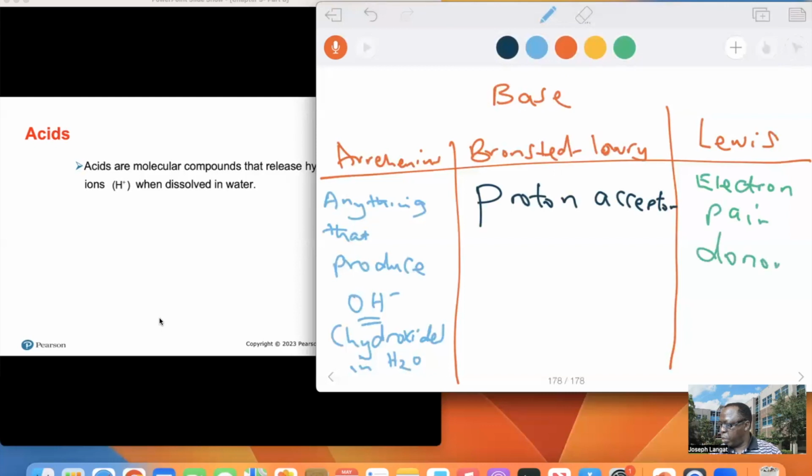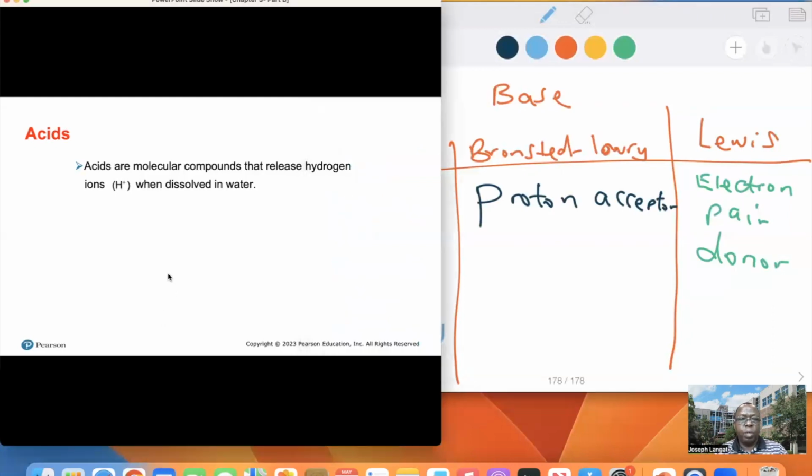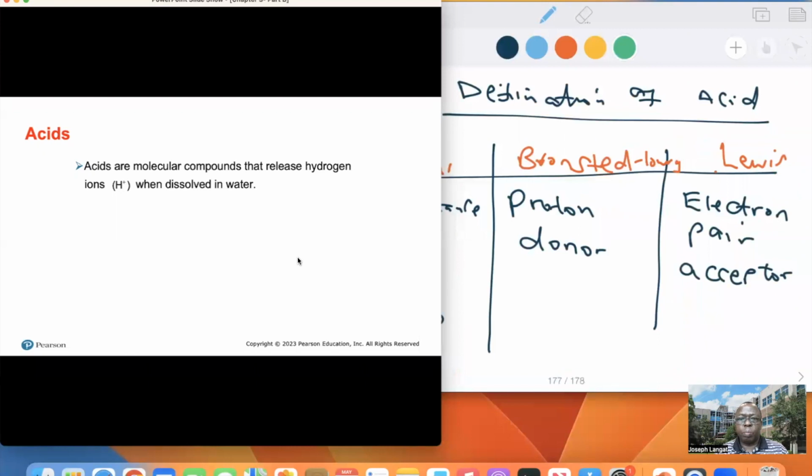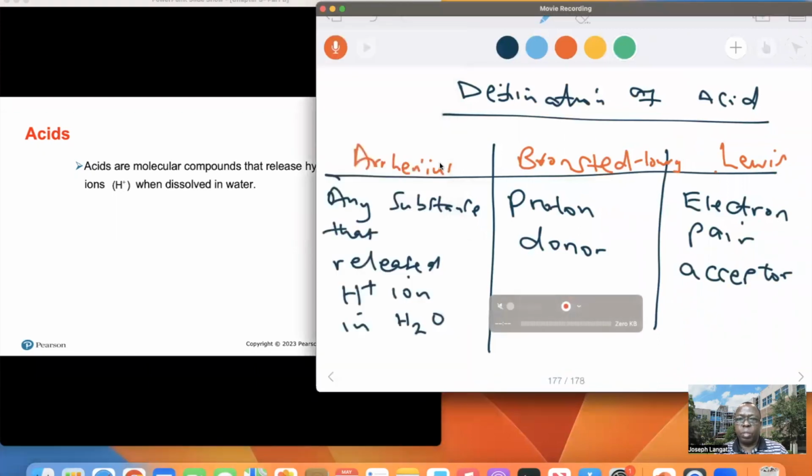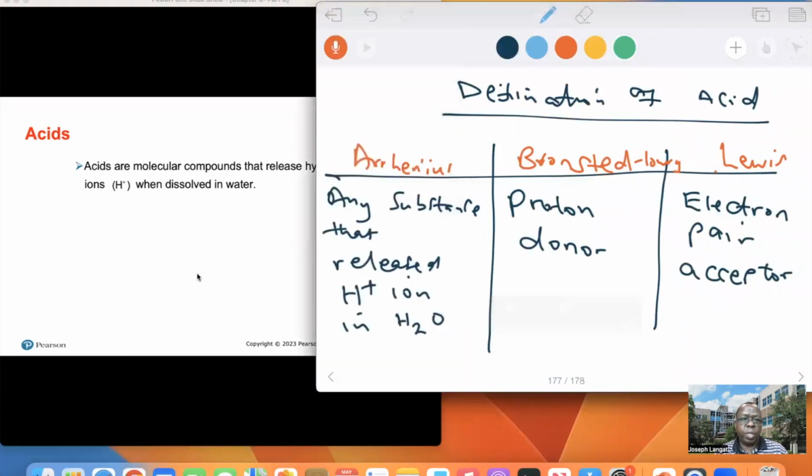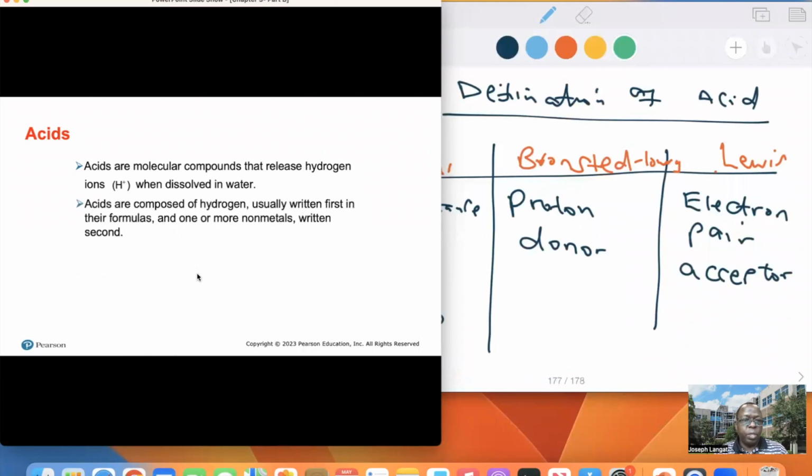It donates a pair of electrons, a pair of 2 dots. You'll see that later. So I've just defined an acid according to Bronsted-Lowry, according to Arrhenius, and according to Lewis. So there are 3 definitions for that.